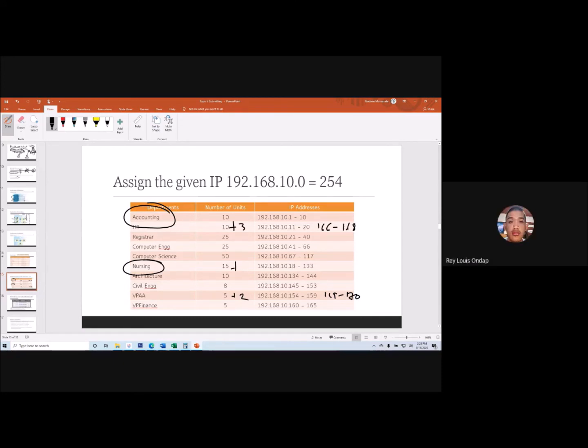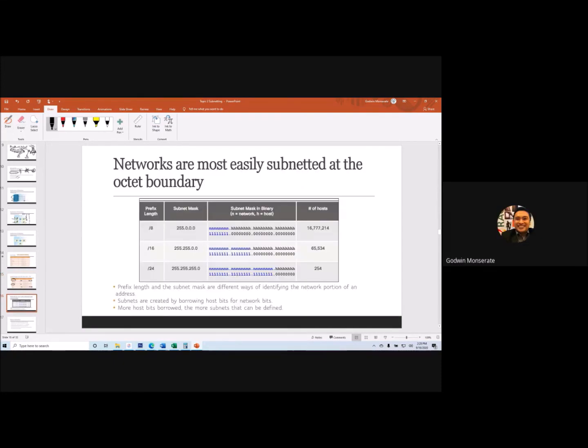Good. Now, networks are most easily subnetted at the octet boundary. I already gave you that, right? For example, I want NNNHHH. So always remember that we have default subnet masks: class A is 255.0.0.0, class B is 255.255.0.0, and class C is 255.255.255.0. Those are the boundaries. When we say boundary, all N's can never be used.